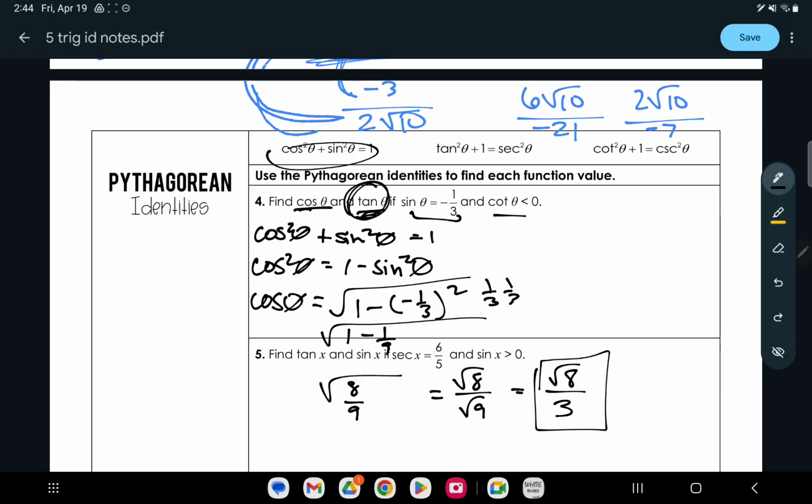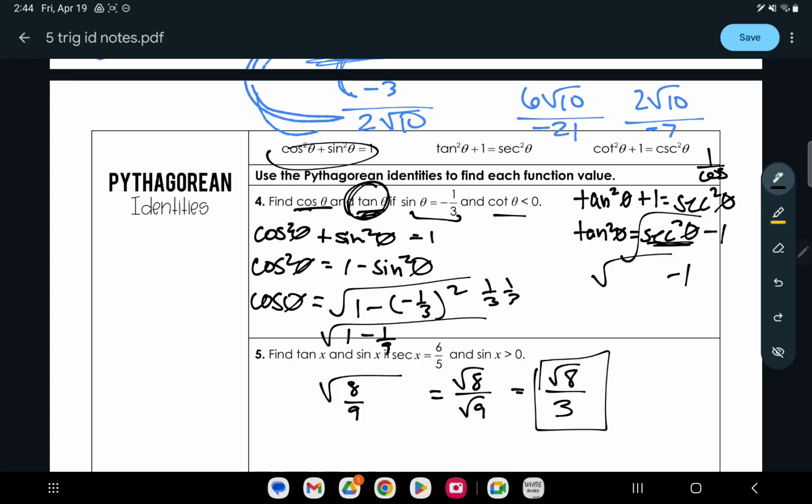And now we want to find tangent. So tangent squared plus 1 equals secant squared. So if I solve for tangent, that's secant squared minus 1, and then square root. So secant is 1 over cosine, which we just found. So it's really 3 over root 8 squared. So it becomes 9 over 8.